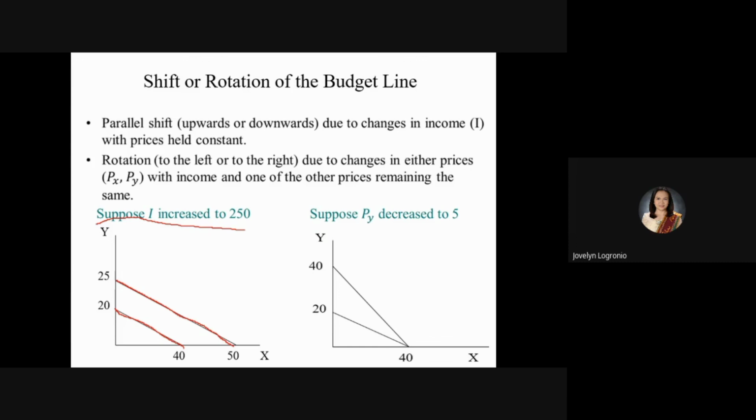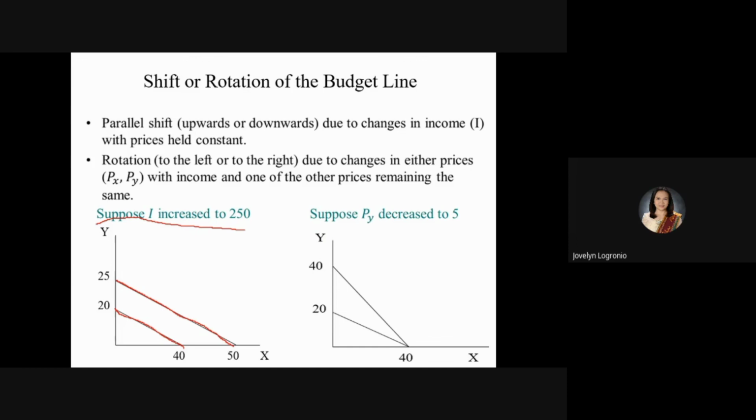So, 250 divided by the price of X. Then, dito naman, 250 divided by the price of Y. So, that is 25. So, kung tumaas yung income, the budget line shifts to the right.